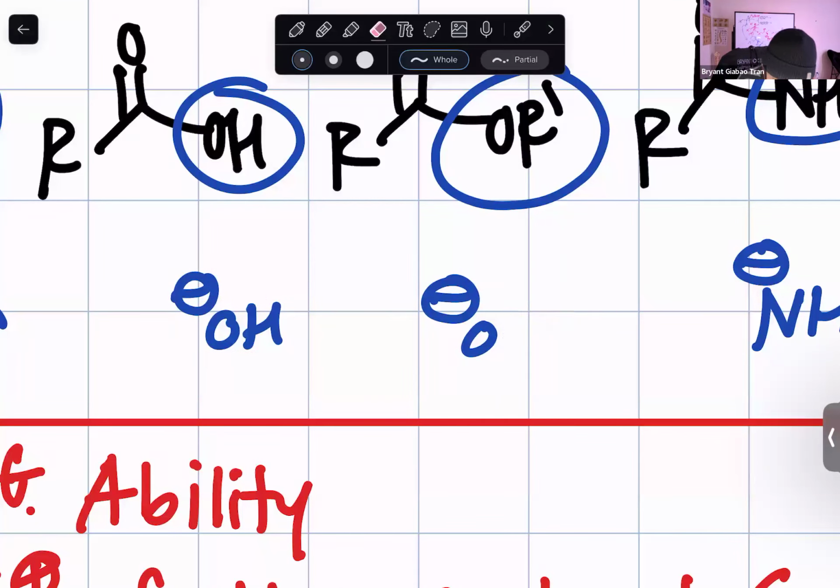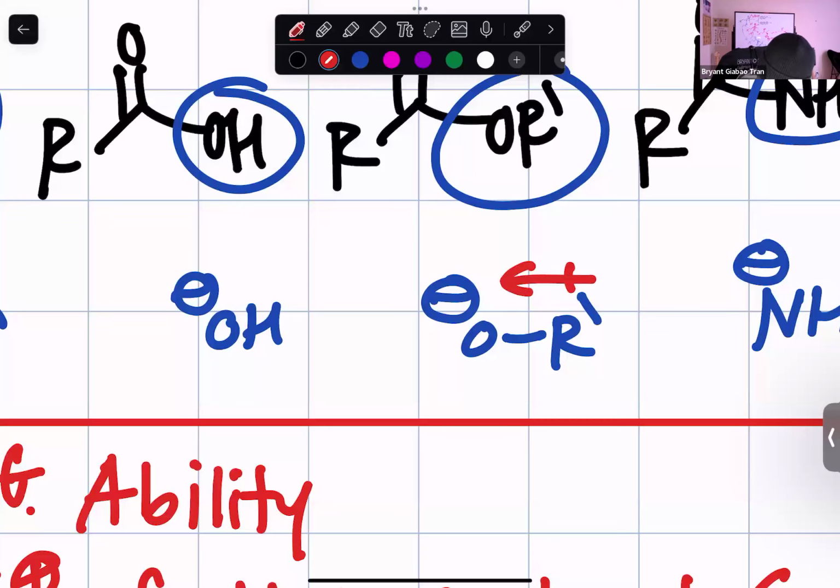making it less stable, right? Whereas this oxygen minus here attached to this R group that is an EDG by induction is less stable because this R group here is donating electrons inductively to this oxygen, where that's going to be decreasing the stability because negative charges repel each other, like charges repel each other, right?